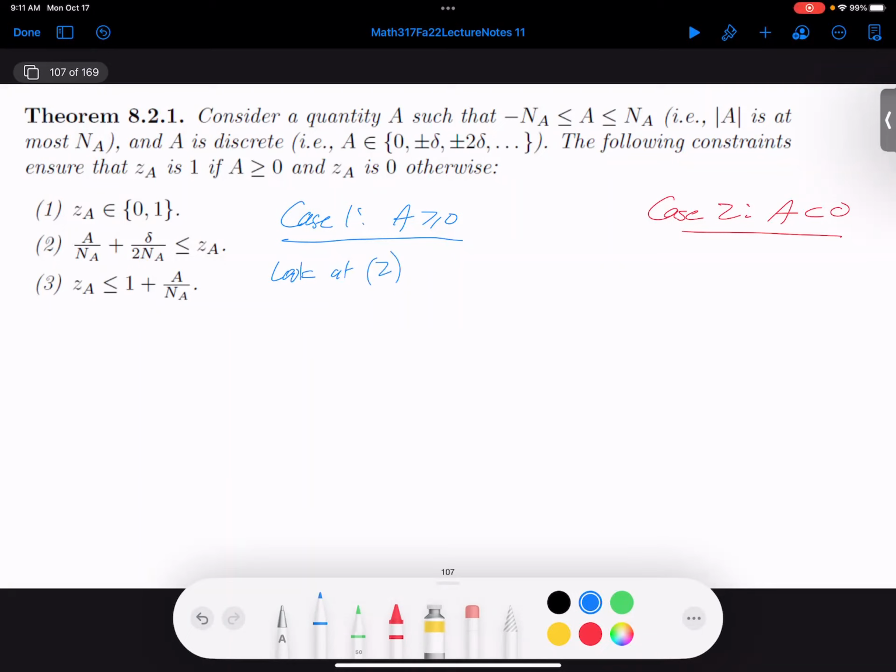We have A over n of A plus delta over 2n of A. What can you tell me about the left-hand side of 2? What must be true about the left-hand side if A is greater than or equal to 0? Is positive. So if the left-hand side is positive, what does that tell you about Z of A?